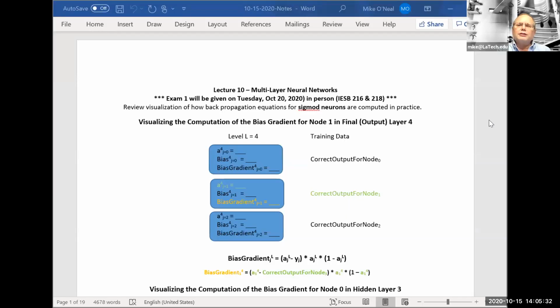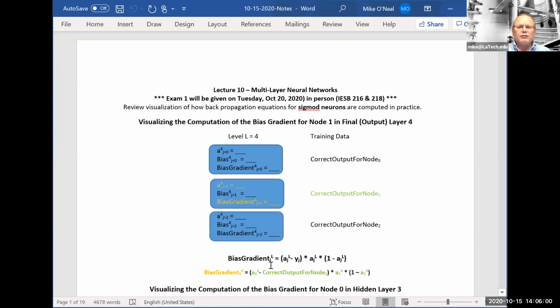I had been talking about the backpropagation equations, and so we had started with this, which is a visualization of the backpropagation equations for sigmoid neurons, and basically our equation for the bias gradients in the last level. That's what that capital L means, the last level.